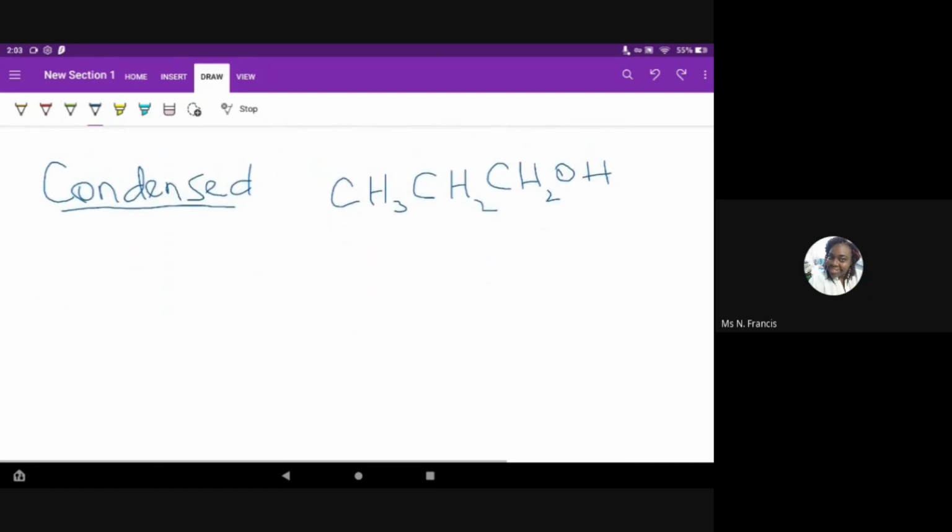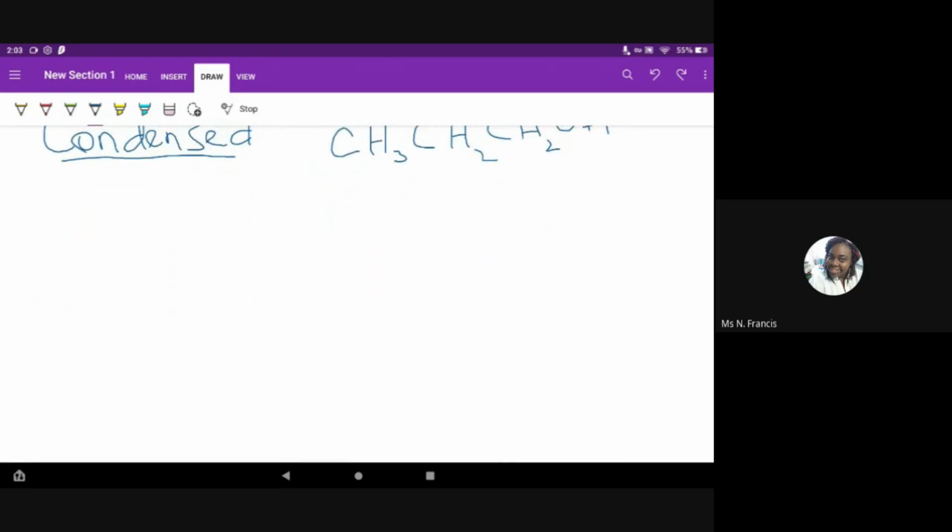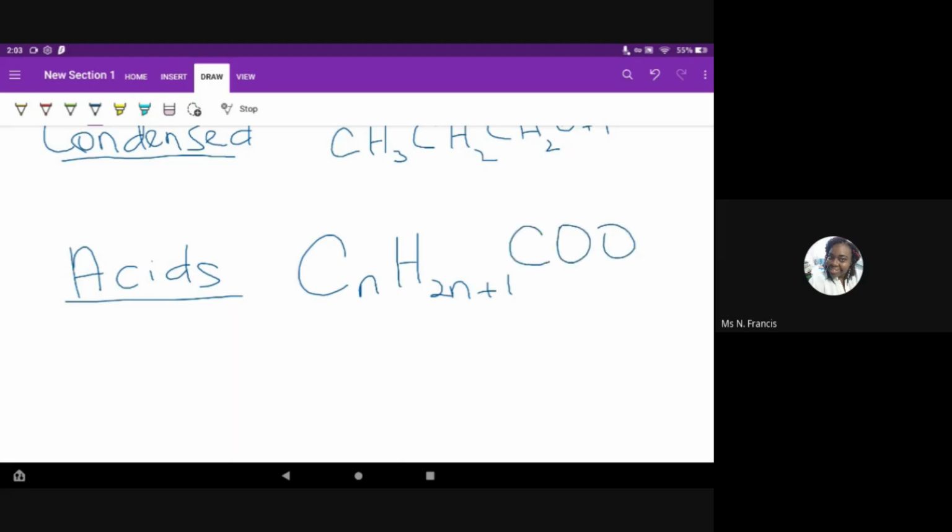Last example, ladies. So the last example that we're going to look at are the acids. All right. Now, the general formula for the acid is CnH2n plus 1 COOH.